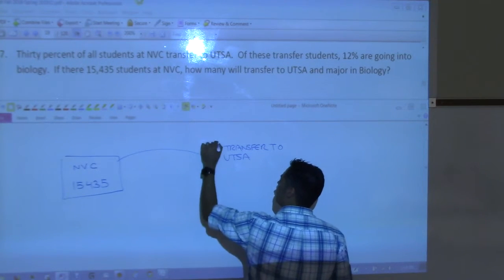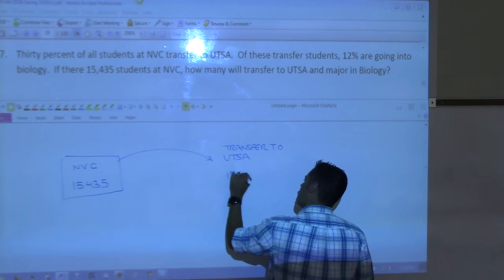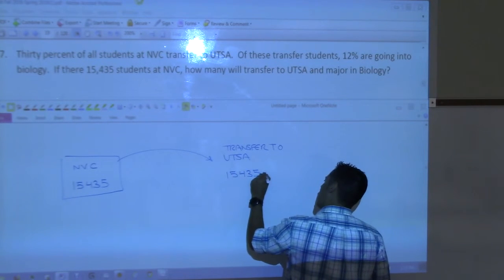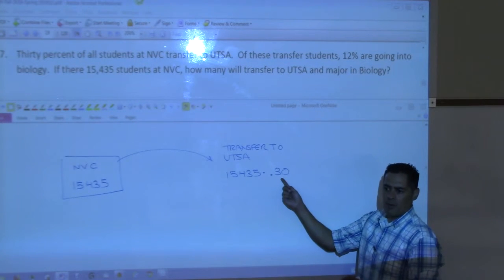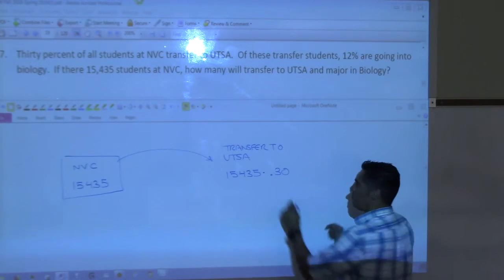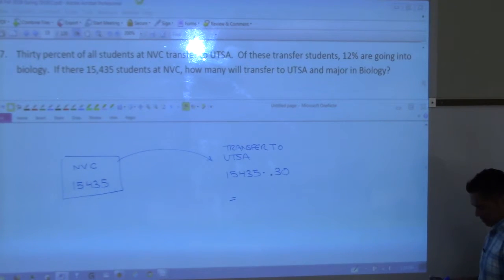Well, how many students go to UTSA? 30%, so we take 15,435 times 0.30. That's 30% converted to a decimal, right? Which equals, let's see what that is. 15,435 times 0.3.